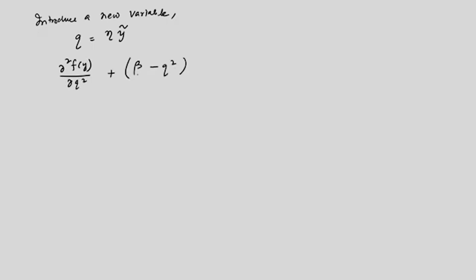If you introduce a new variable, say q equal to η ỹ, where η is some scaling, then we get this as ∂²f(y)/∂q² plus (beta minus q²) f(y) equal to 0.